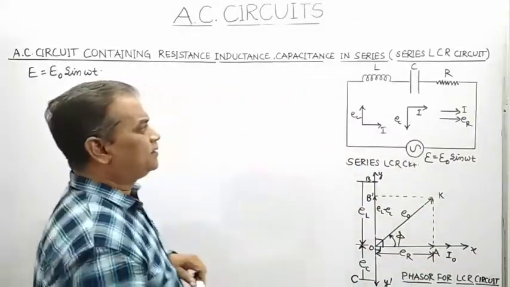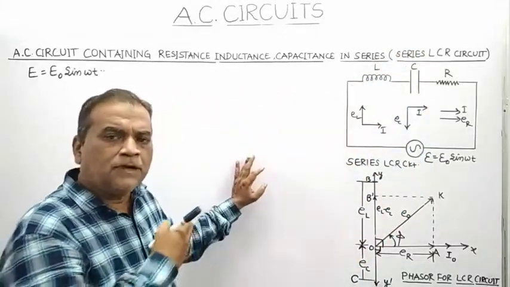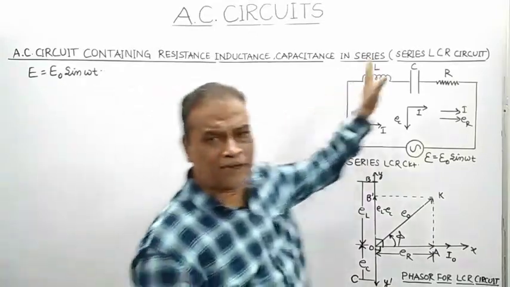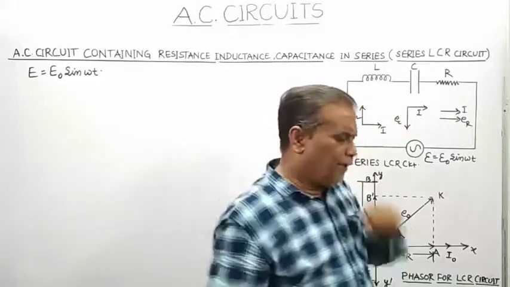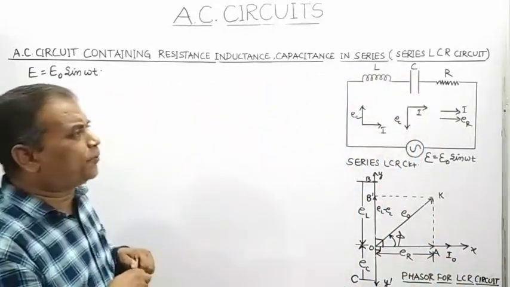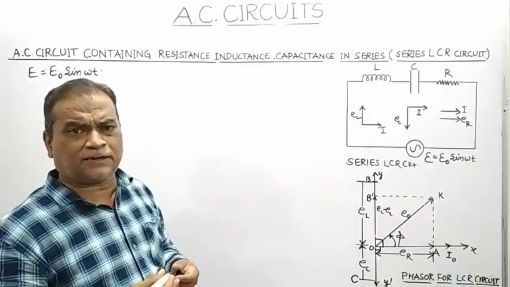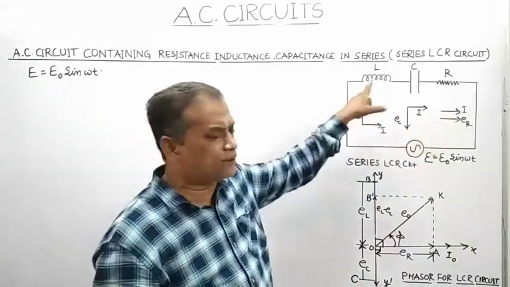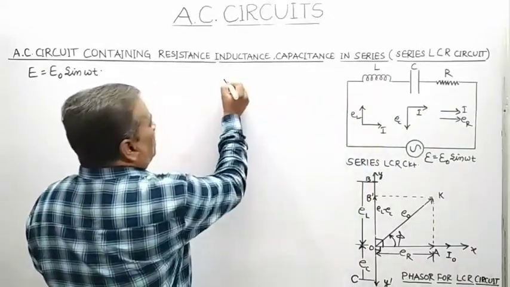We know very well that whenever components are connected in series, the current flowing through them must be the same. Remember here, the opposition offered by an inductor to the flow of alternating current through it is called inductive reactance, denoted by XL.